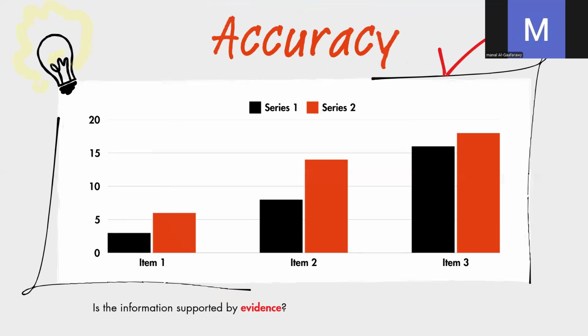So the fourth criterion is accuracy. And as you can see, it relates to the idea of correctness, whether the piece of information is correct or incorrect.